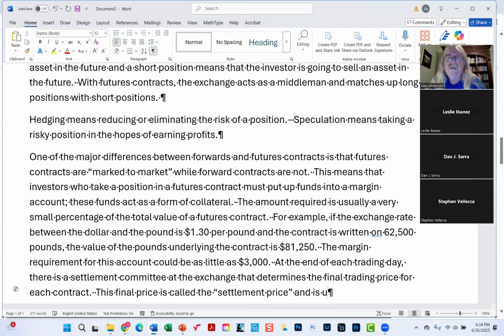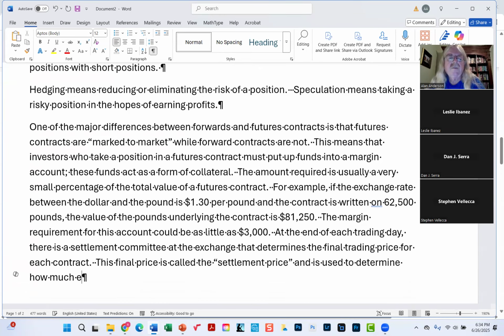And is used to determine how much each margin account is worth. If you made money, they'll put money in your account. If you lost money, they'll take it out, of course.